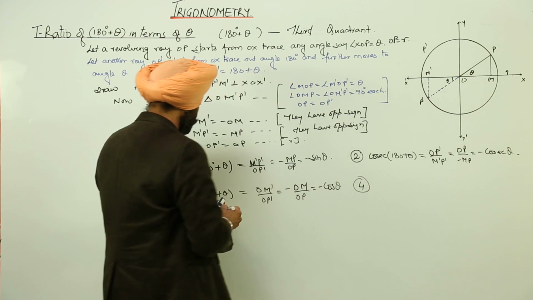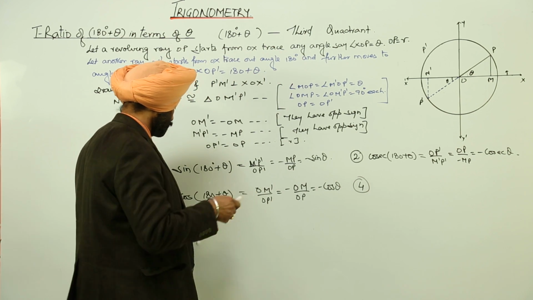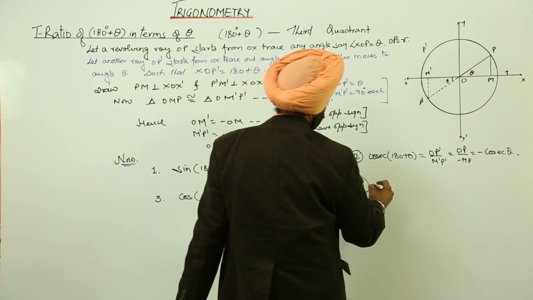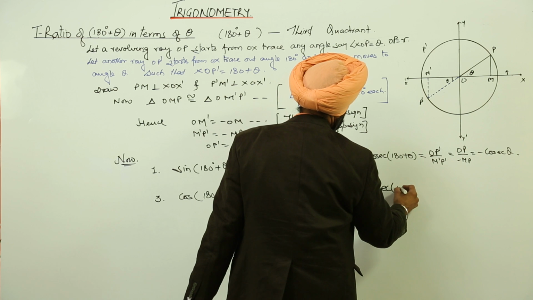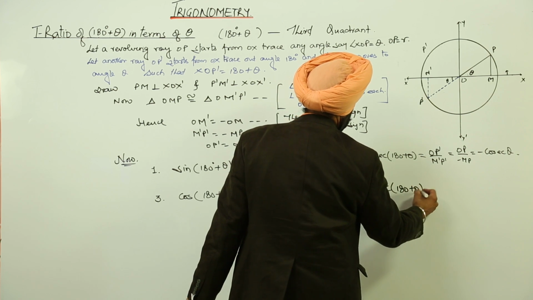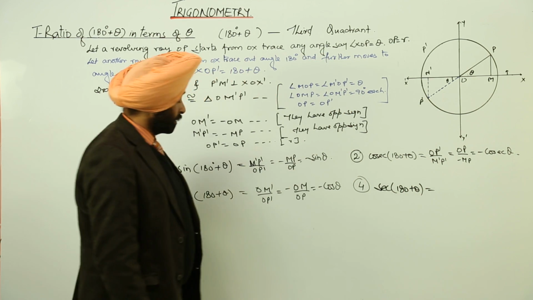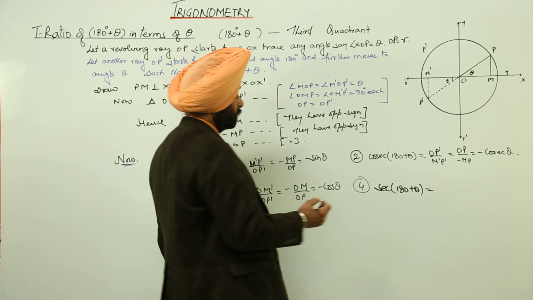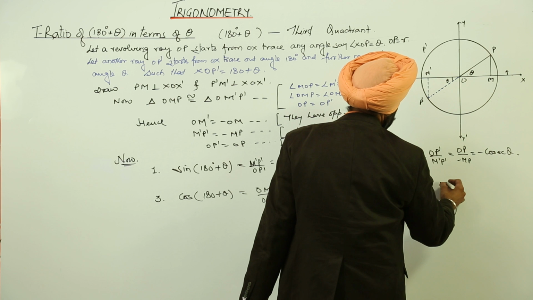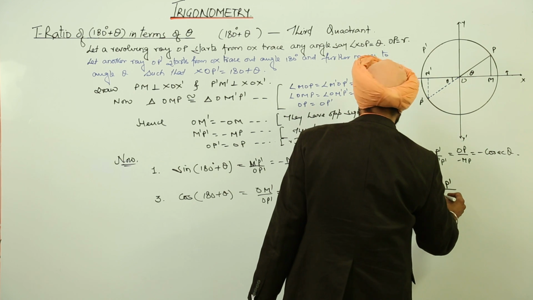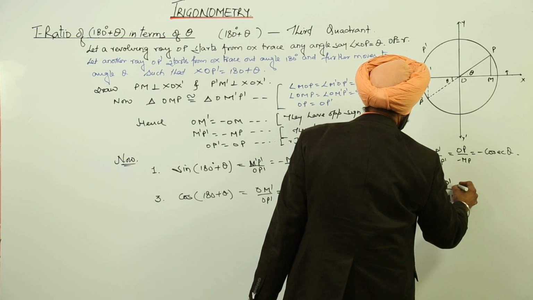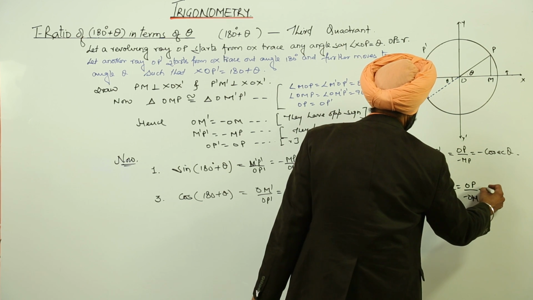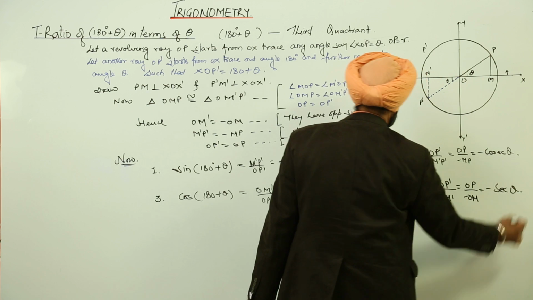Number 4, secant 180 plus theta. Now OP means hypotenuse upon the base. So we have OP dash upon OM dash. This is equal to OP upon negative of OM, the negative of secant theta.